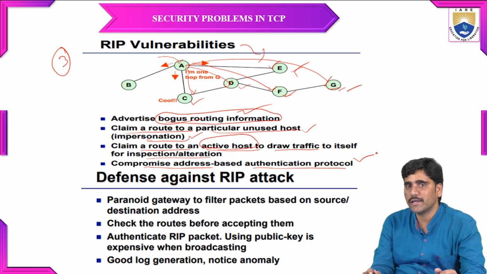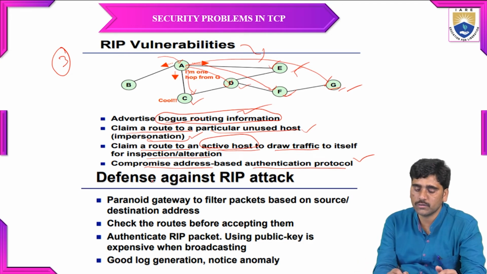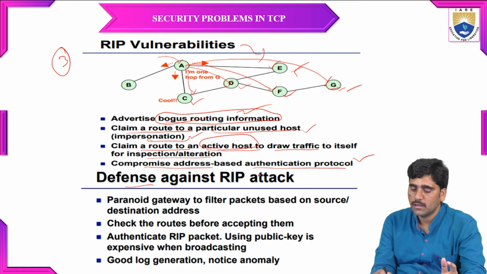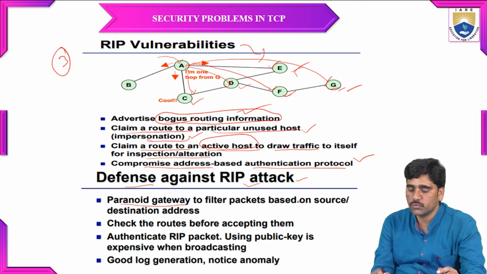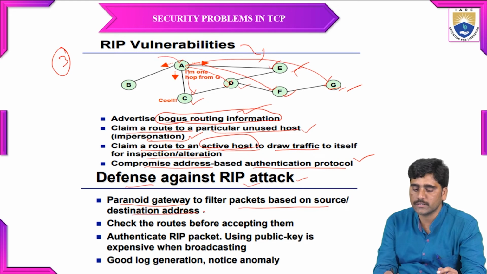So to defend against those attacks, what are we going to do? Some defensive techniques. Defense against routing information protocol attacks. First, use a paranoid gateway to filter packets based on source or destination address. A paranoid gateway is nothing but a trusted or authorized gateway that we have to use to filter packets.